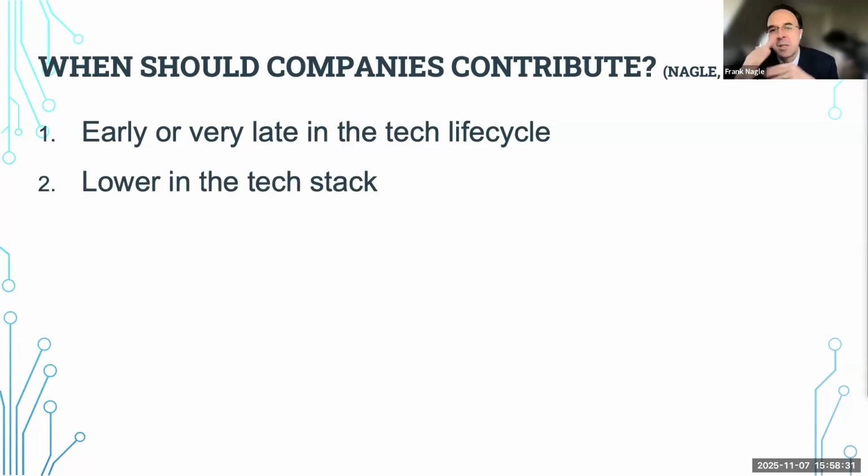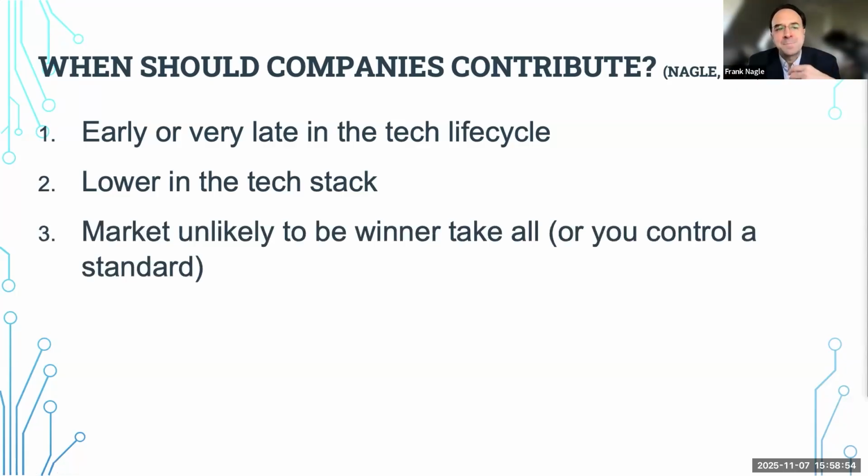We also expect that things lower in the tech stack, further away from the end consumer, are going to be more collaborative. And obviously, in the context of hardware, we're pretty low in the tech stack, so I think I'm preaching to the choir here that we would expect to see more collaboration happening at these lower levels of the tech stack.